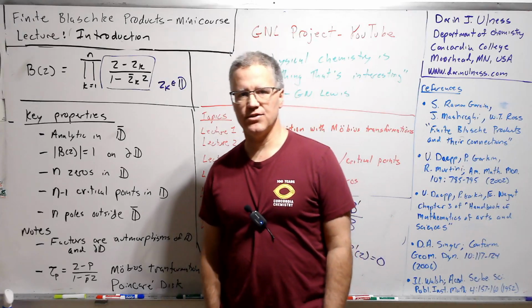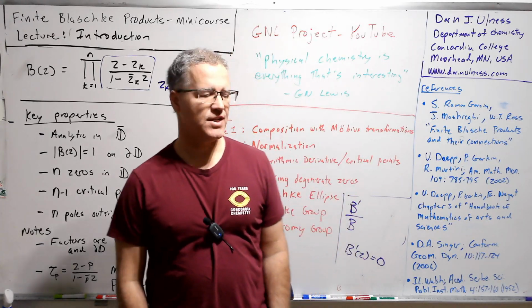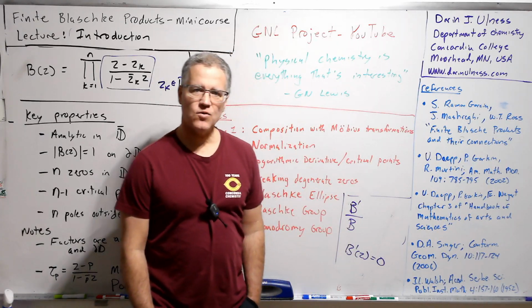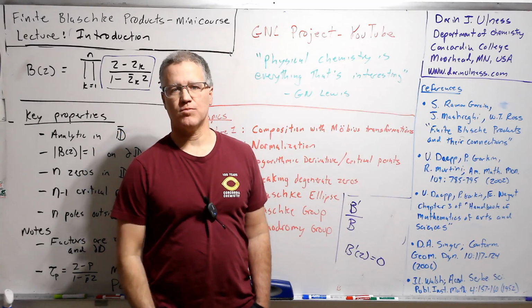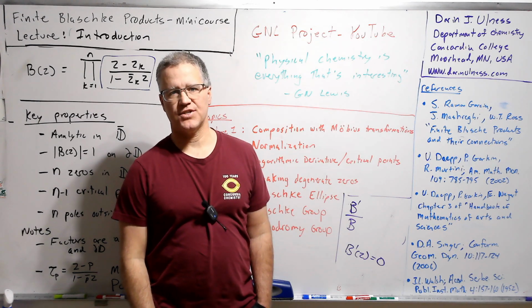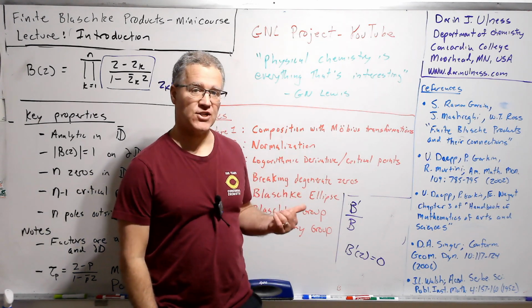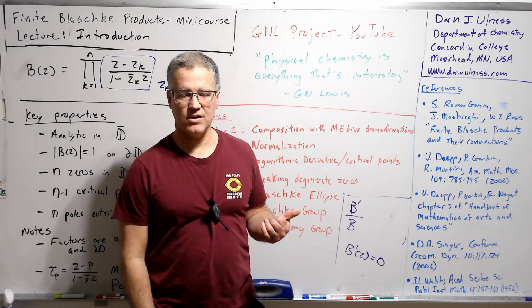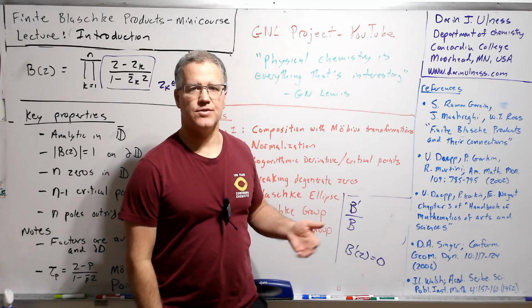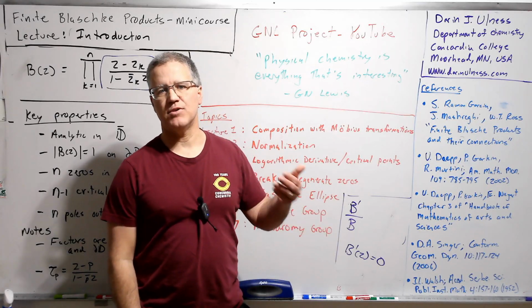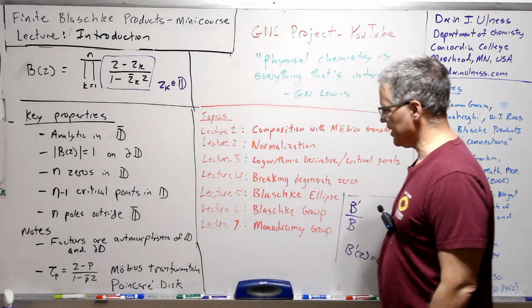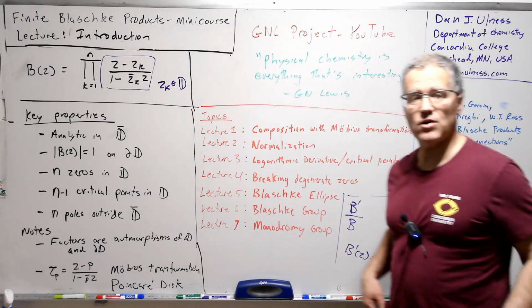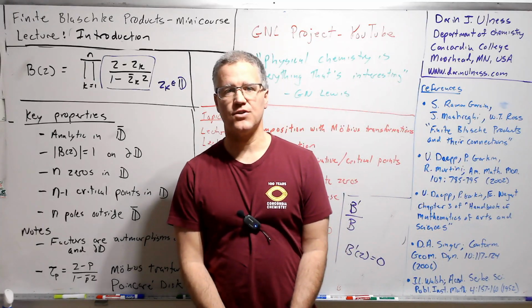We're just going to look at some examples and see what happens as we move around the complex plane through these branch cuts created by the Blaschke product. And again, the rigor won't be high, but we'll be getting some examples and some familiarity with that. Great, so that's the introduction to the course.